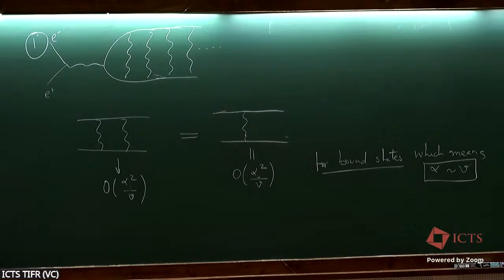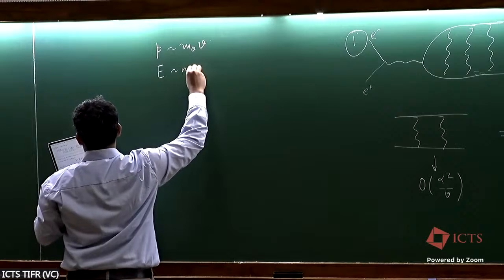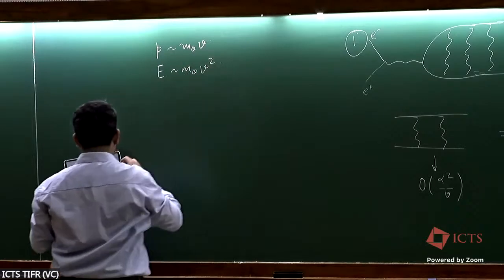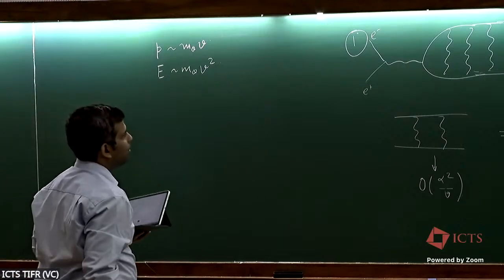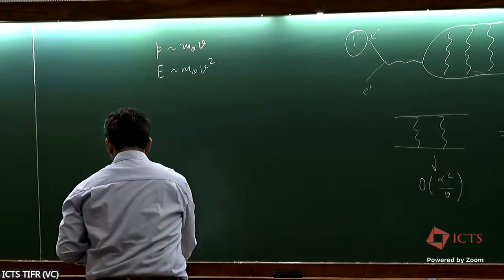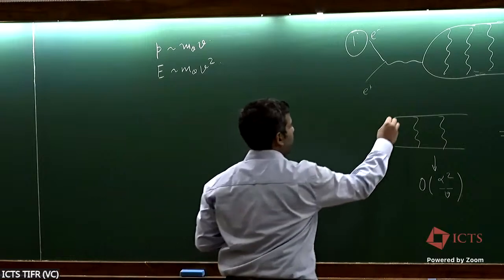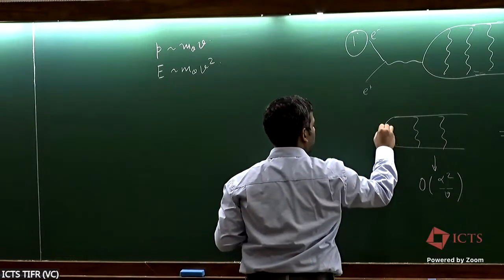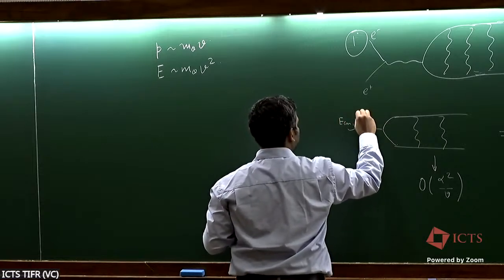Just to recall again, the power counting was: momentum is M_Q v, energy is M_Q v^2. Let me consider the diagram here now. Let us say this is coming from this virtual photon, which has some center of mass energy and zero momentum.